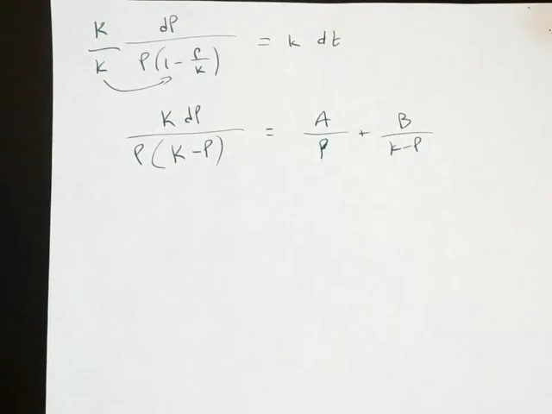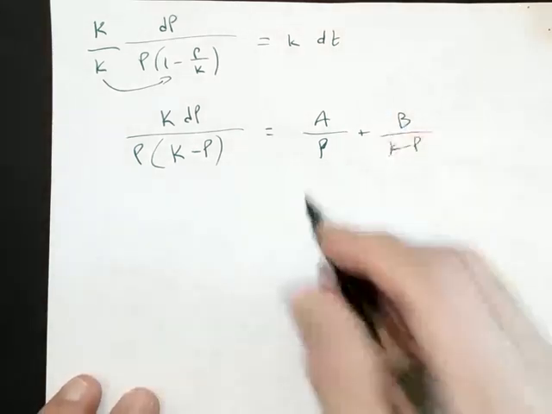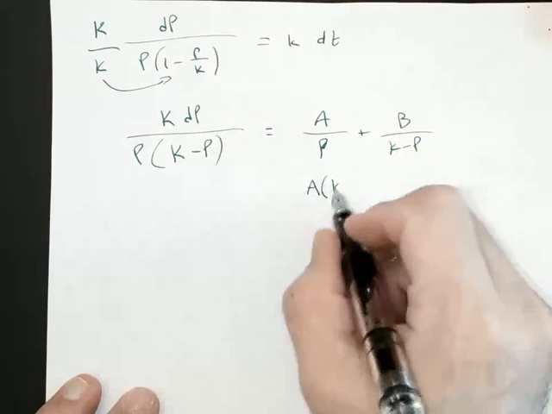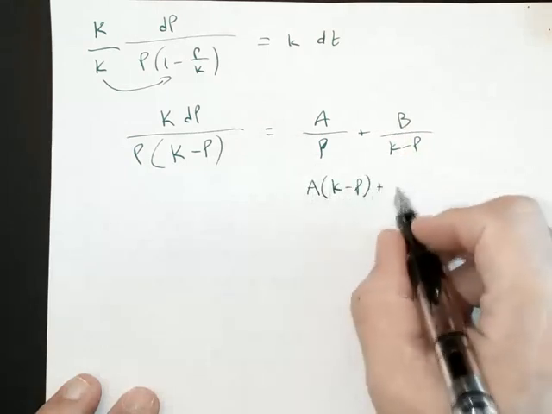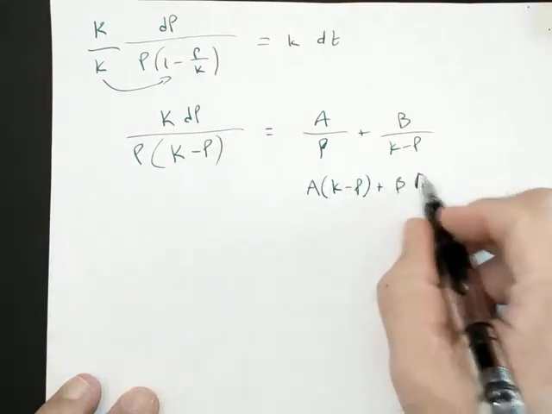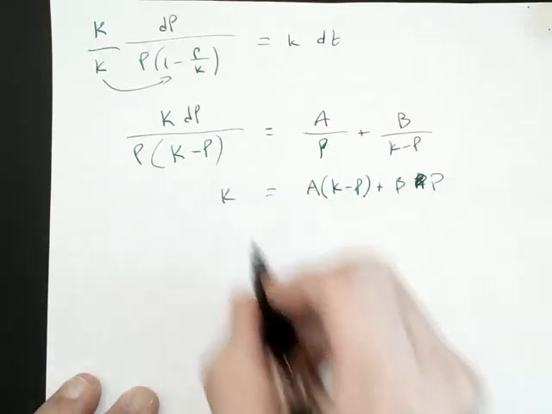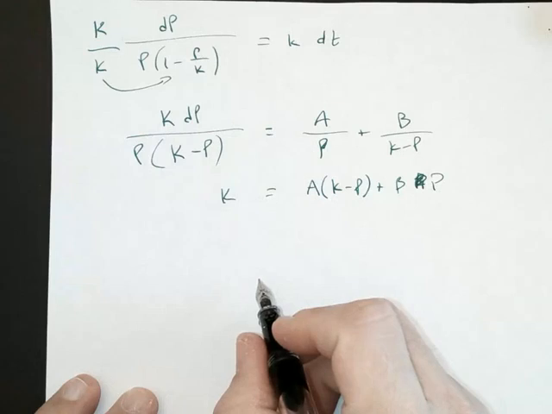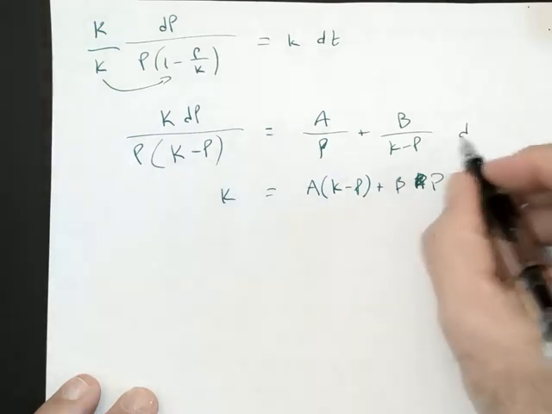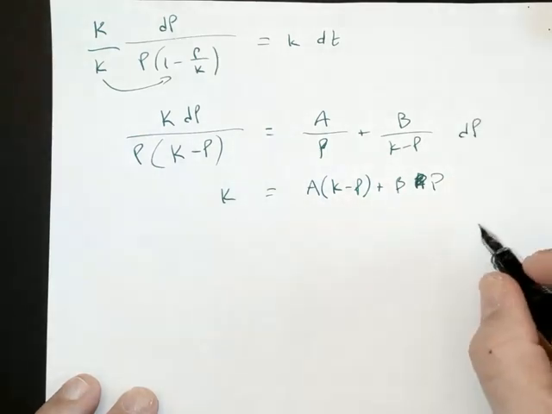Okay, solve for A, solve for B. I cross multiply. I get A times (capital K minus P) plus B times P equals K. There should be a dP on the end of this. If I put in P equals 0, what does that tell me?